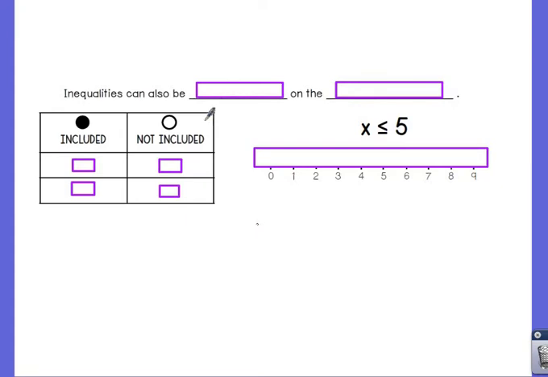All right, so inequalities can be, what are we about to do? Graphed on the number line.